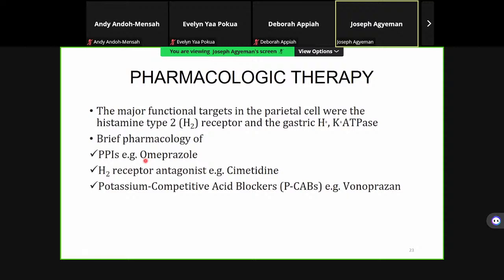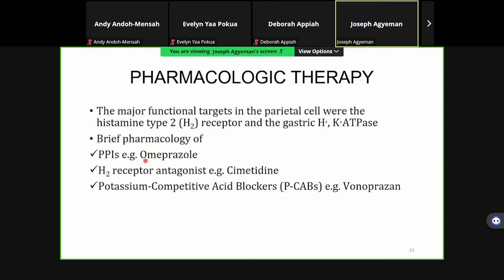These proton pump inhibitors are basic in nature and their pK is around 4 to 5. Looking at this basic nature and the pK, it means that they will preferably accumulate in acidic environments in the body.